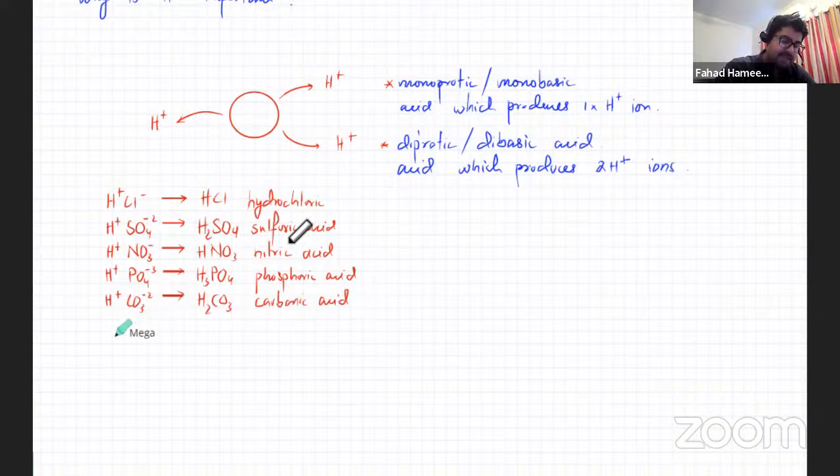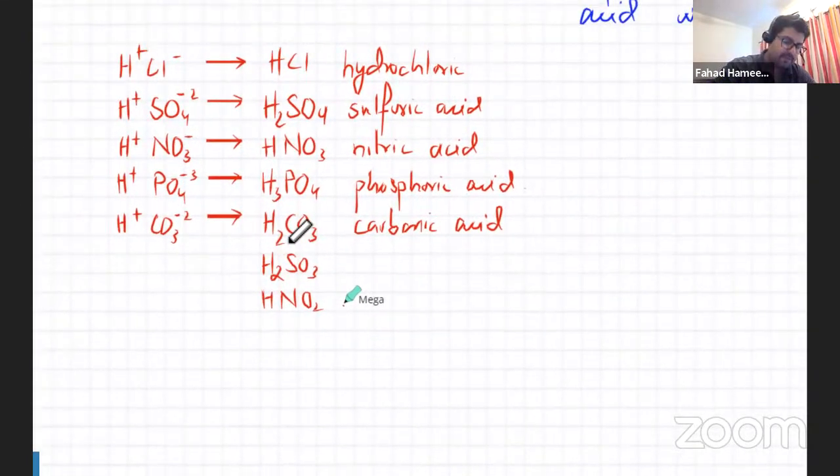You've got some other acids as well. You've got sulfurous acid, that's H2SO3. You've got nitrous acid, that's HNO2. And you've got phosphorus acid, which is H3PO3.